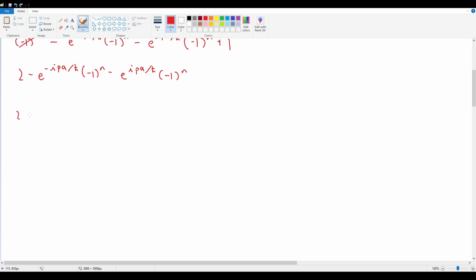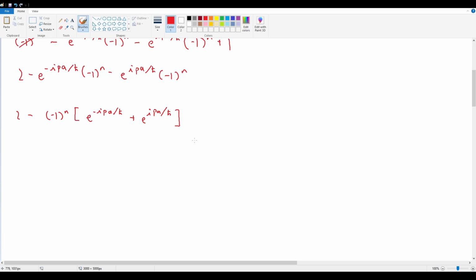This is going to be 2 minus negative 1 to the power of n times e to the negative ipa over h bar plus e to the ipa over h bar, right? The negative 1 factors out the negatives in this case.